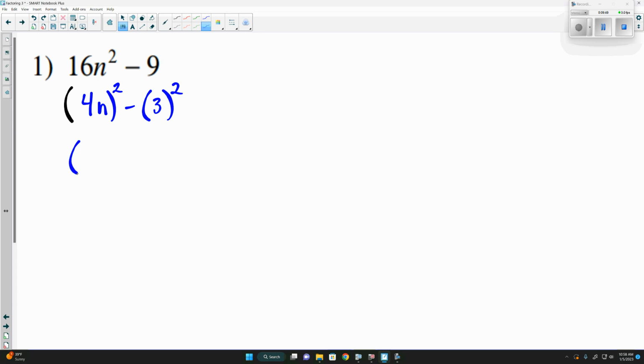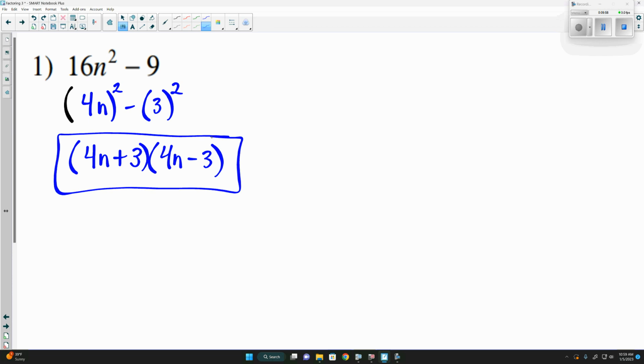Because when we multiply this out, we'll have a plus b, so 4n plus 3, times a minus b, so 4n minus 3. So the two sets of parentheses look almost the exact same, except the signs are different. And that's it. Questions on this here?